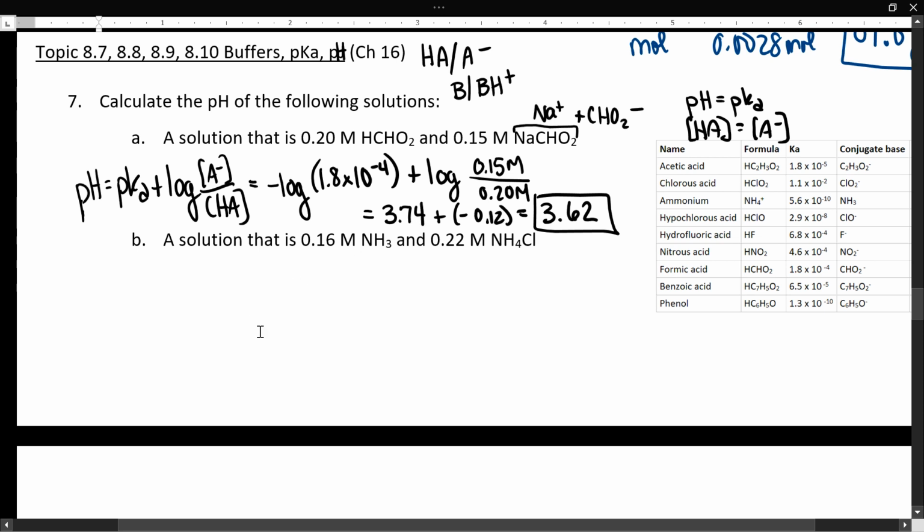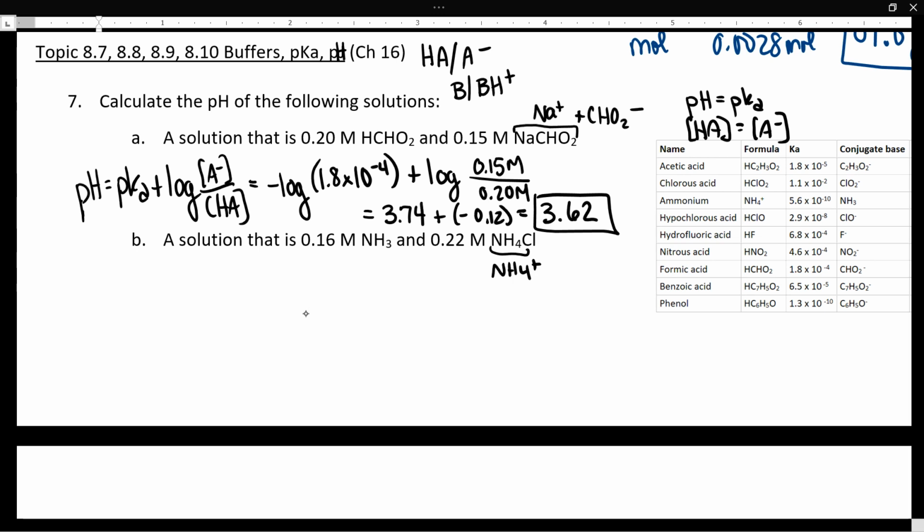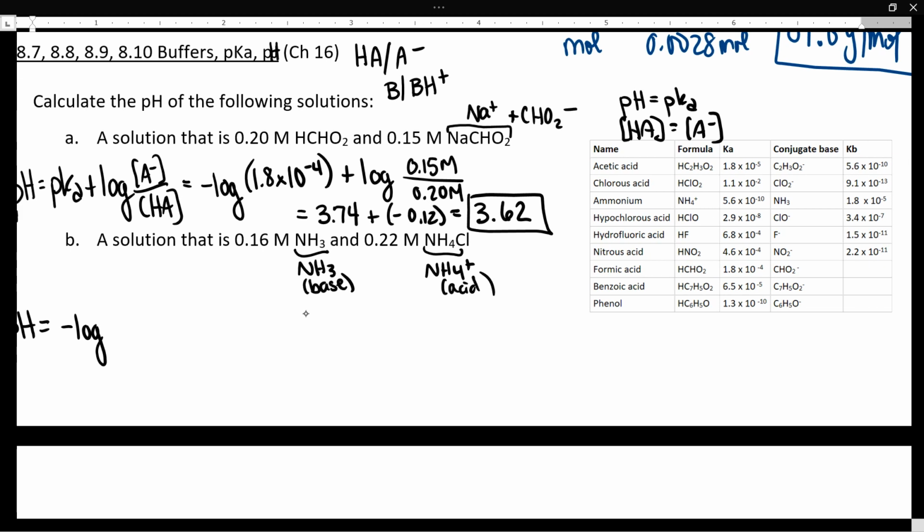All right, so now let's take a look at this one. Again, we have a conjugate acid-base pair. So NH4 plus is my acid, NH3 is my base. And so to find the pH, I'm going to take the pKa. So I'm going to take the negative log of the Ka, which is right here.